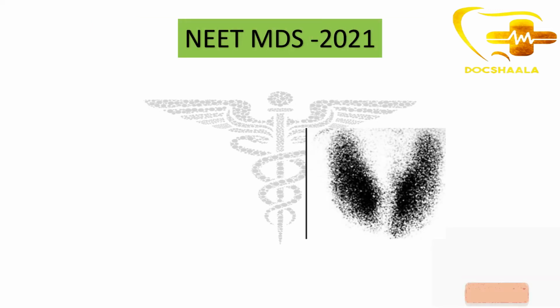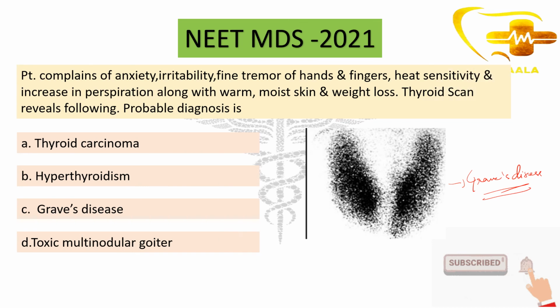Coming back to the image, this is the image of a Graves' disease thyroid scan. This is the main thing which we need to remember. And in the question, let's see if we have any diagnostic features.